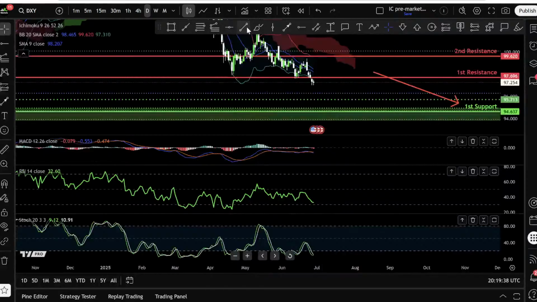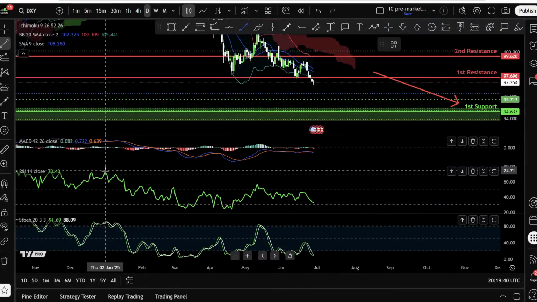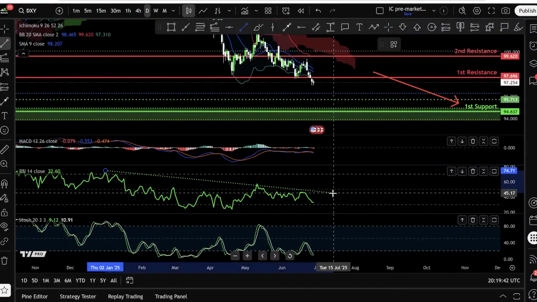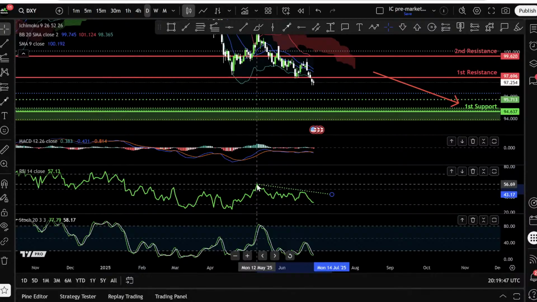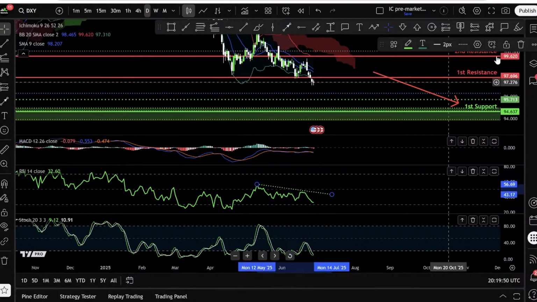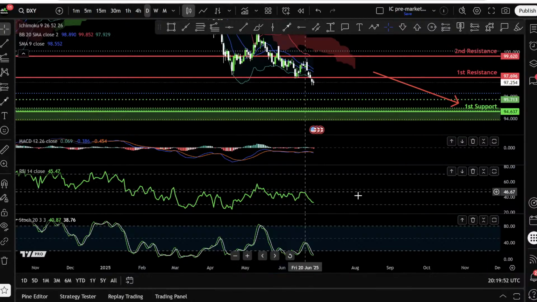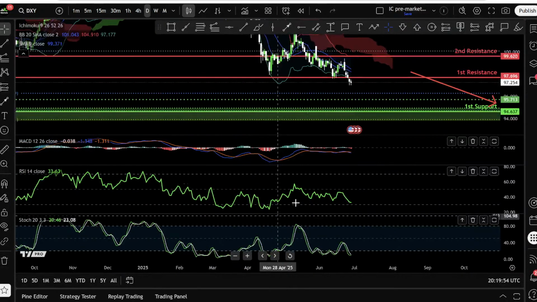If you look at RSI, this isn't really a descending trend line, but you can definitely see prices are dropping here on our RSI.